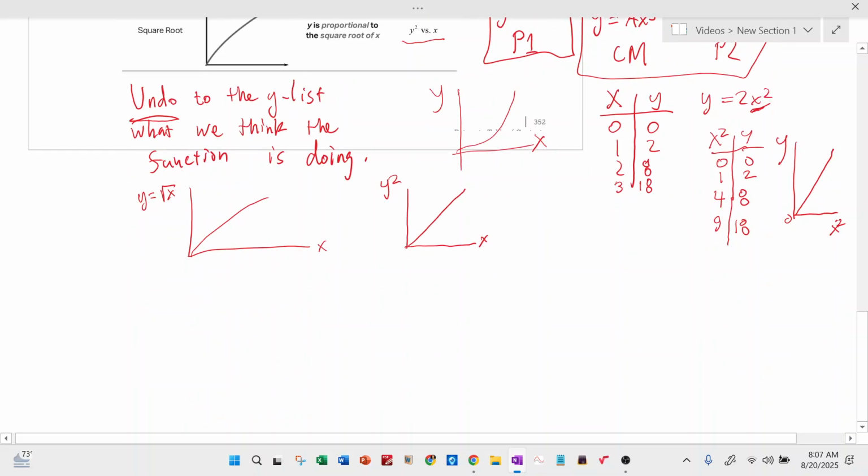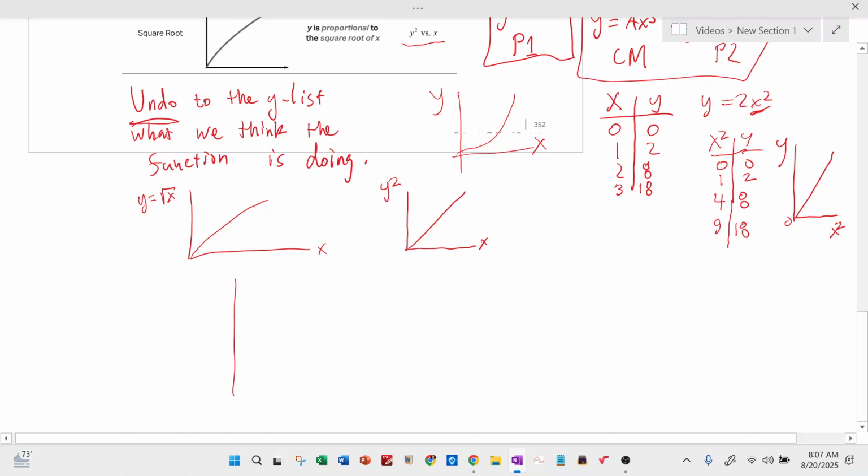Let's make up some numbers that'll work for this. 0, 0 works, 1, 1 works. 2, square root 2, that's not easy to think about without a calculator. It's a decimal number, 1.414 or something like that. So let's do 4 and 2, and let's do 9 and 3, and let's do 16 and 4.